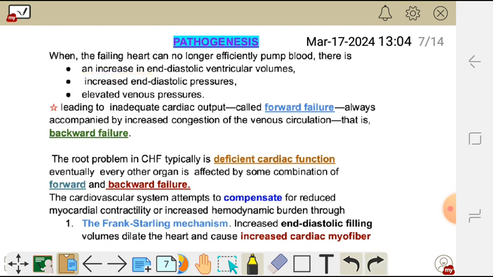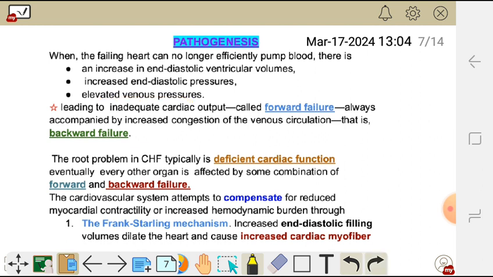The volume of the ventricles will increase, because blood will start accumulating in the ventricles. We are also going to have an increased end diastolic pressure, and elevated venous pressures.